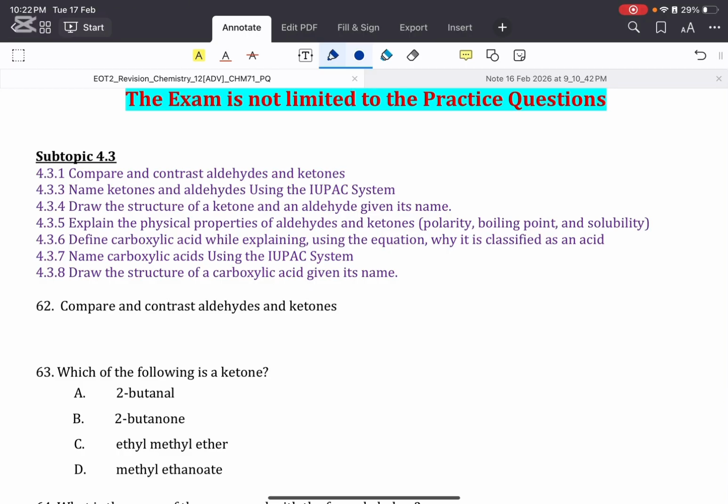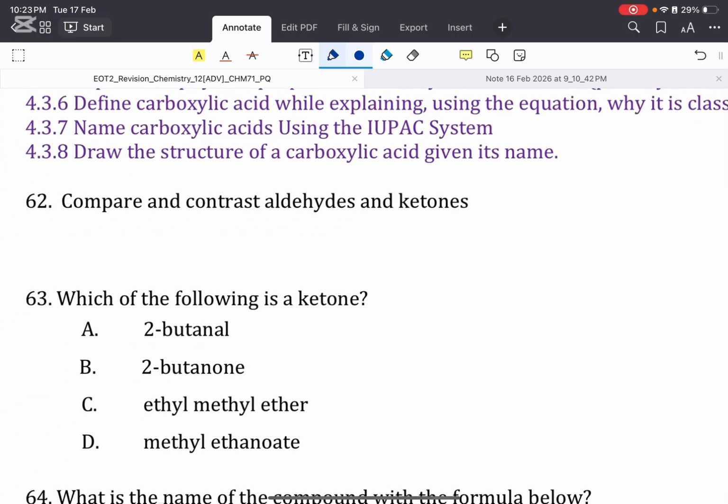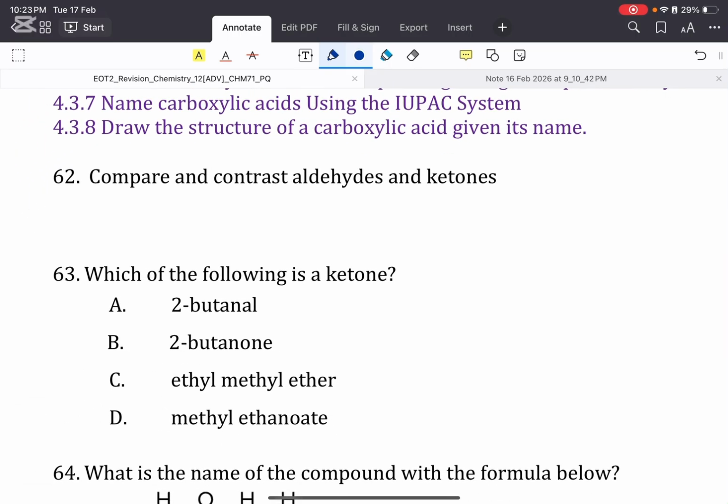You will also be responsible to explain the physical properties of aldehyde and ketones, like their polarity, boiling point, solubility, etc. And define what is a carboxylic acid and name it. There's no drawing. And draw the structure of carboxylic acid. So the only thing not included is to name or draw an ester.